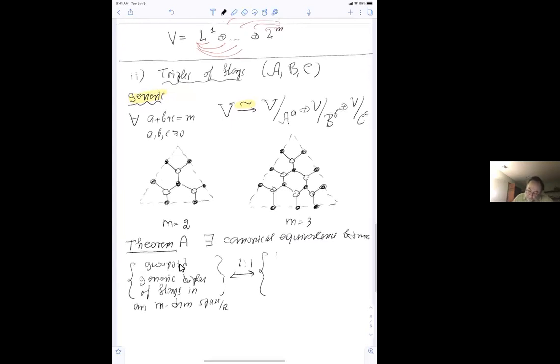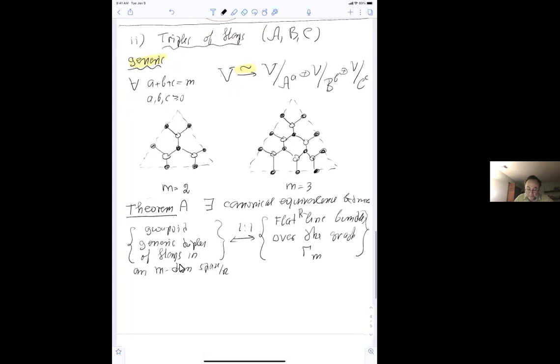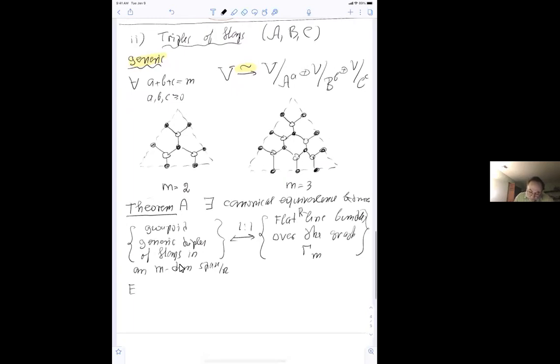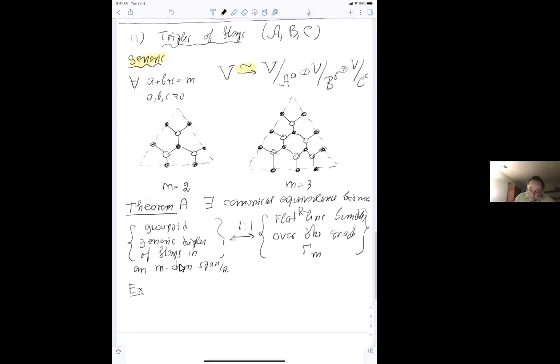You have to consider flat line bundles on the graph gamma m. Of course, there are line bundles, so R is everywhere. Now let's see what we get, for example, when m equals 2.